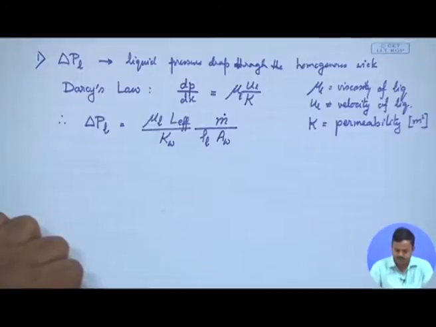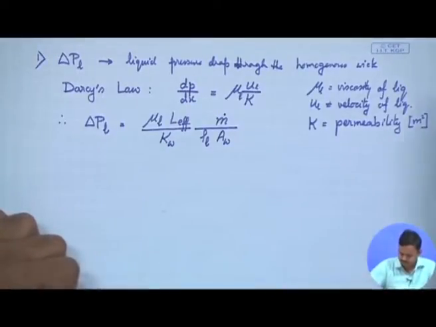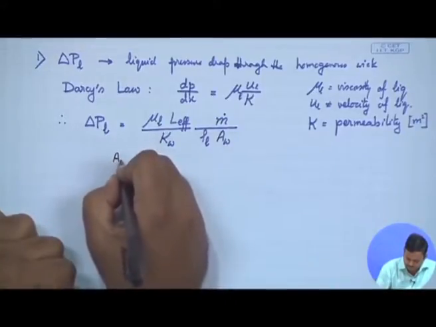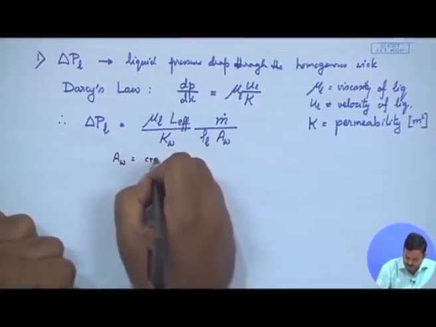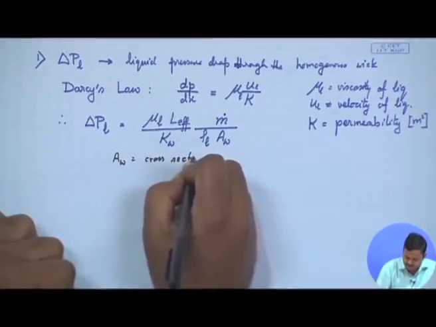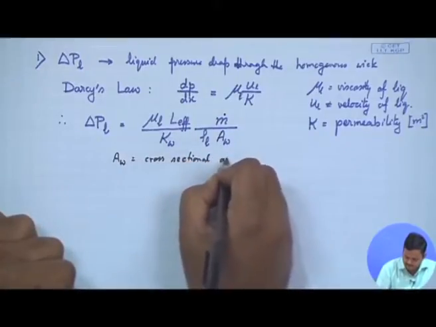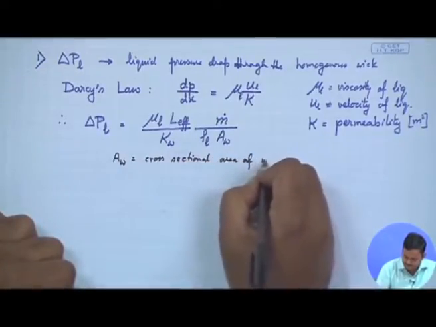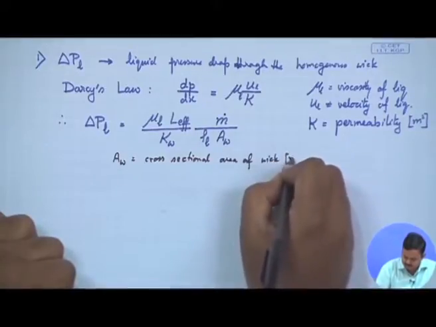So, Aw here is the cross sectional area of the wick, denoted in meter squared.